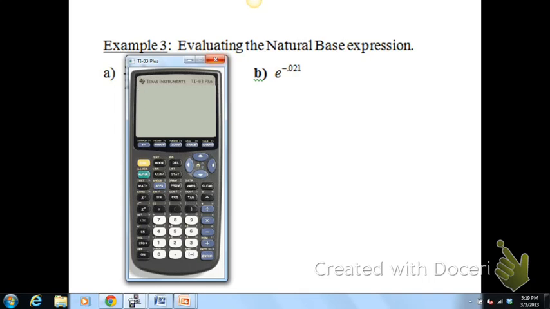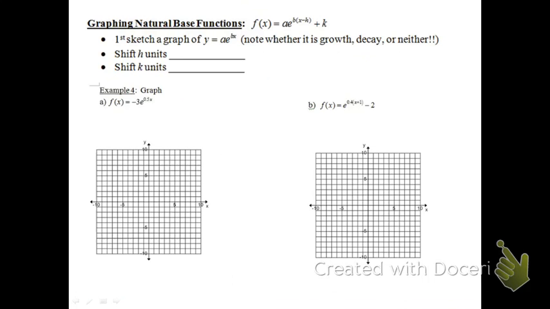Alright, let's graph. So let's graph now with the natural base function. If we graph with our natural base function, we have the following generic function: a times e, our base, the natural base, raised to the b times x minus h power plus k.